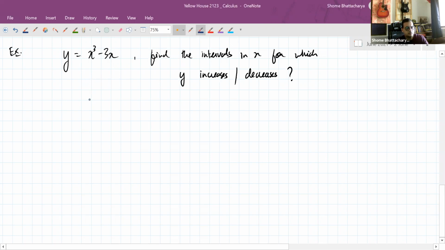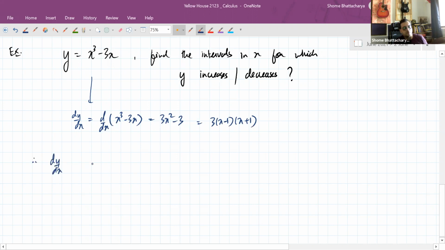So we can see that dy by dx is 3x square minus 3, which we can factorize and write as 3 into x minus 1 into x plus 1 also. So now the condition for dy by dx to be positive is that 3 into x minus 1 into x plus 1 should be positive.